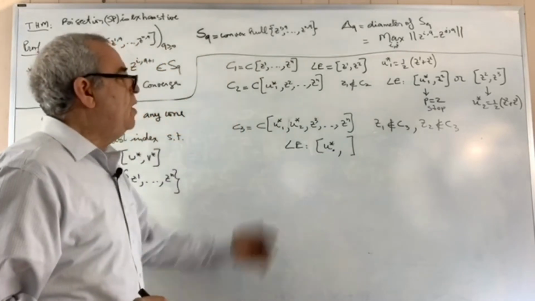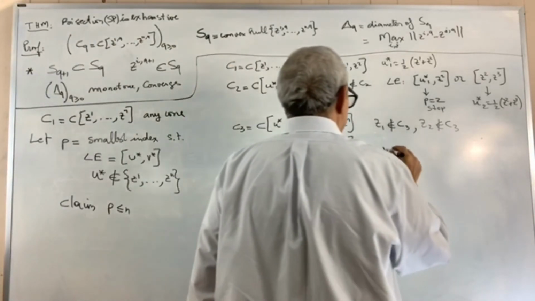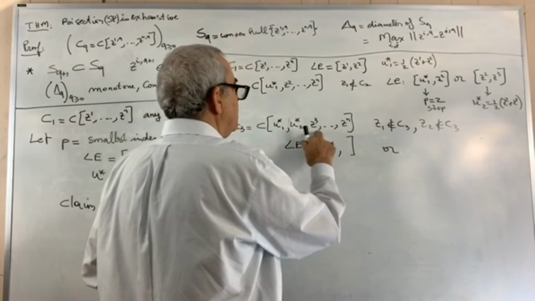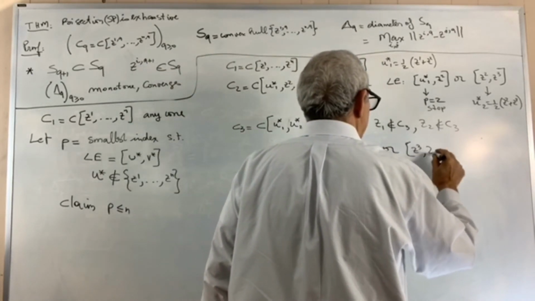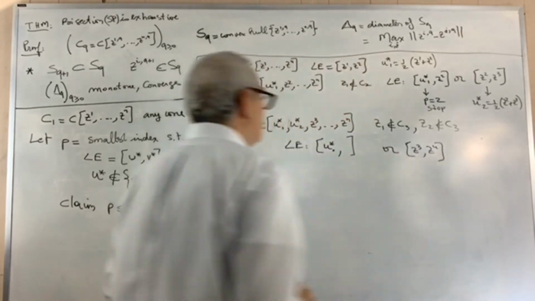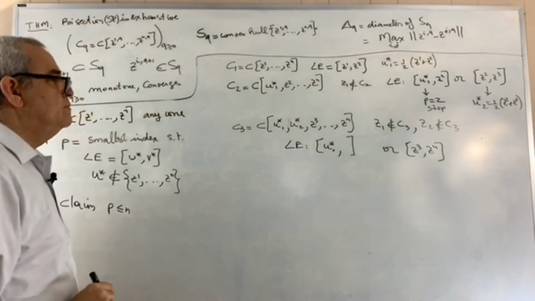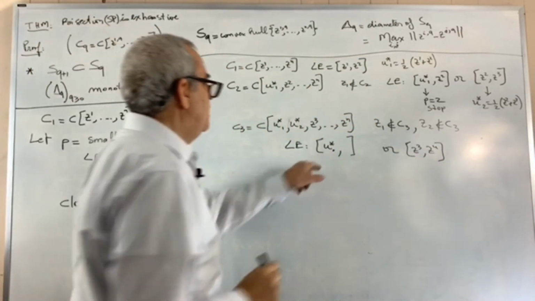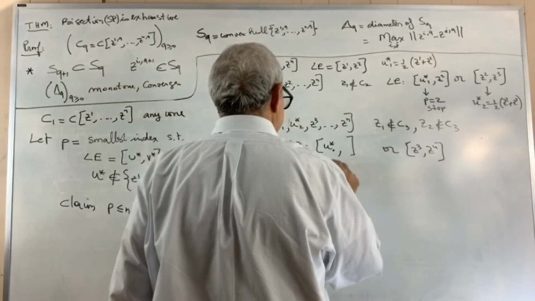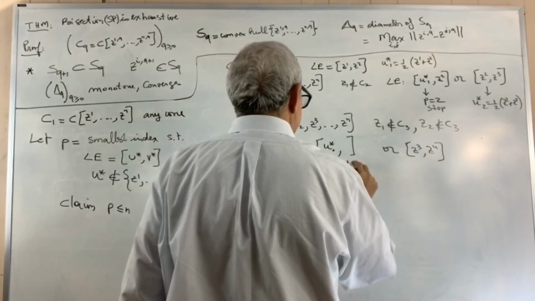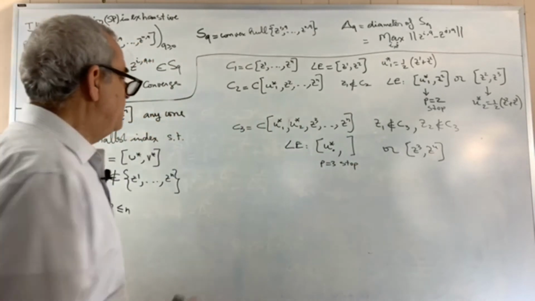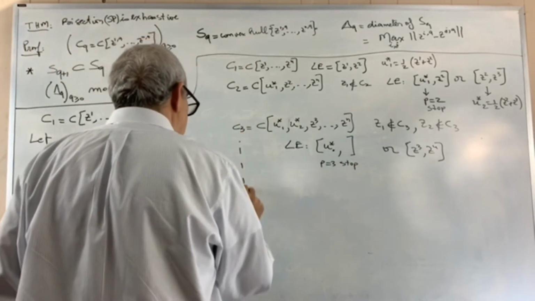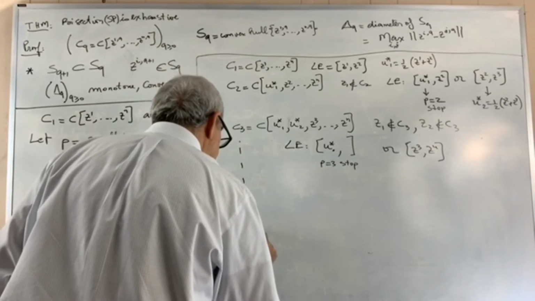Or it's among these, the longest edge, so it's like Z3, Z4, right? So in this case, P is equal to 3, and we stop. Otherwise, we continue, till I arrive at Cn.